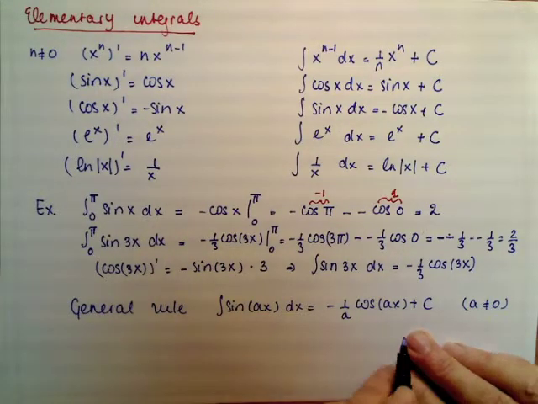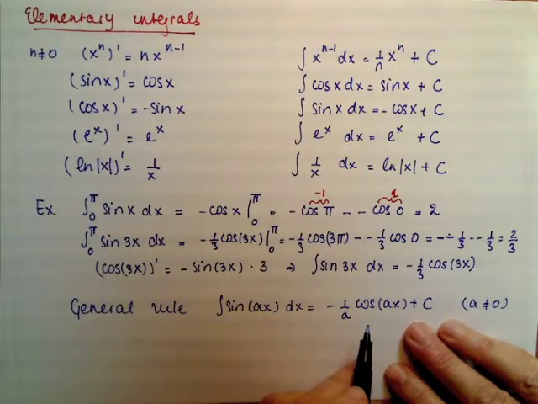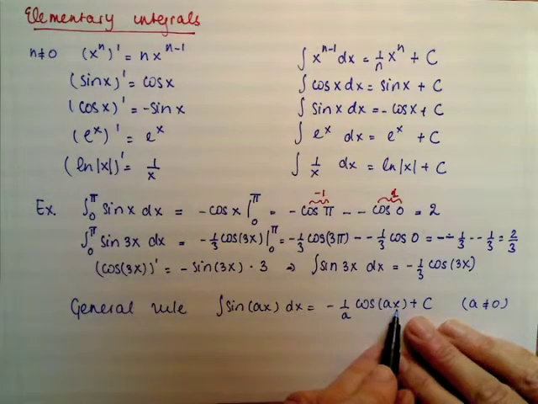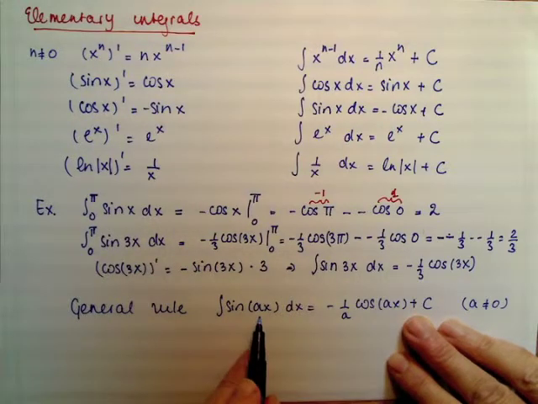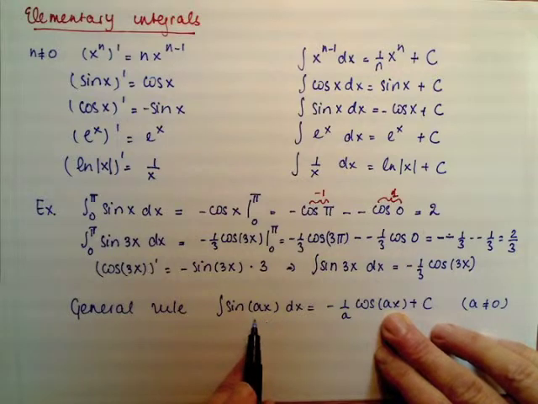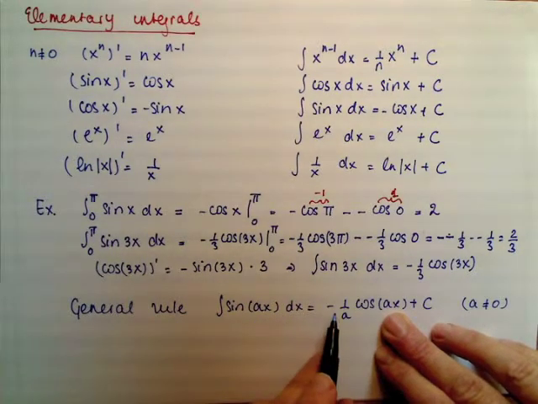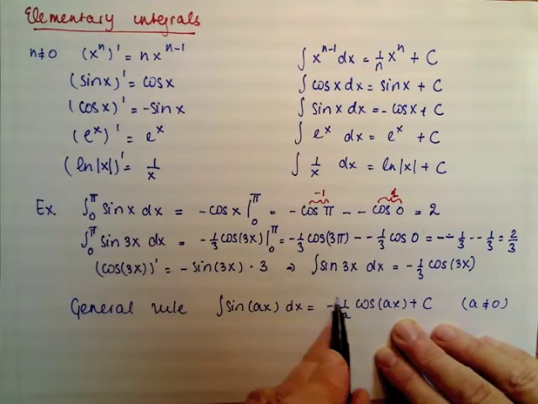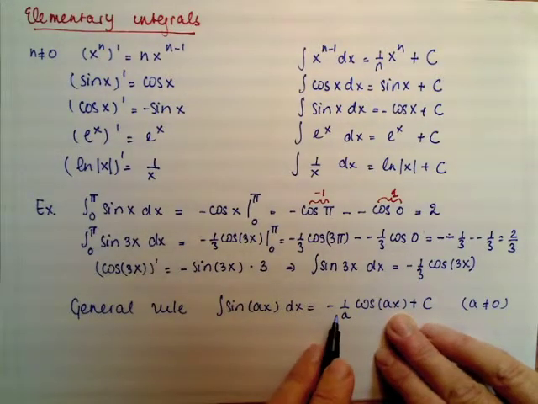This is in the same manner as we derived in the example, because if we differentiate cosine of a times x, we get minus sine of a times x multiplied by the constant a due to the chain rule, and we have to compensate both for the factor minus 1 and the factor a, which we do by multiplying by minus 1/a.